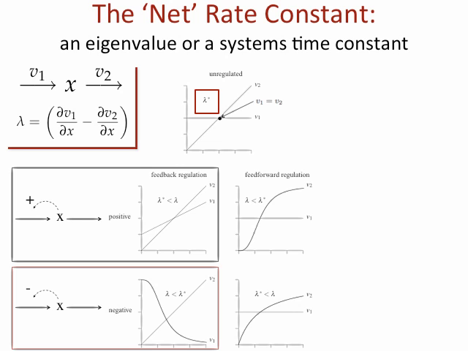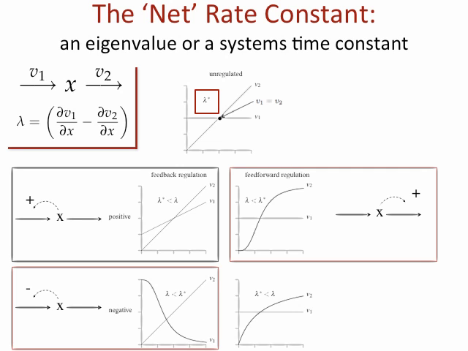In the case of feedback inhibition, the curve for V1 will be decaying, and the derivative of V1 with respect to X will be a negative number. Now when I calculate the eigenvalue, I will have a negative number minus the other derivative. So now the value of lambda is more negative than lambda star. And for the feed-forward regulation, we have similar situations. If you have a positive feed-forward regulation, then V2 is a more steeply increasing curve with the concentration of X, and the derivative may now be larger.